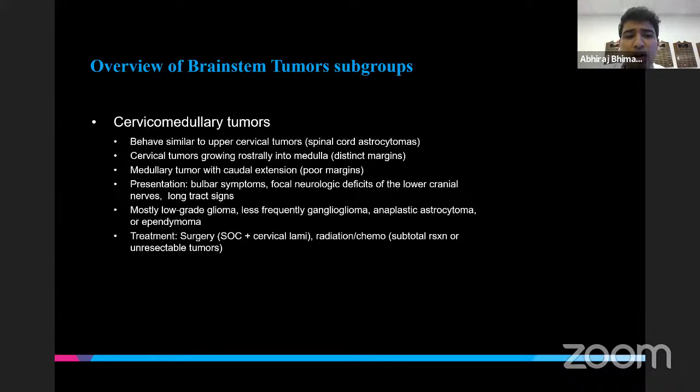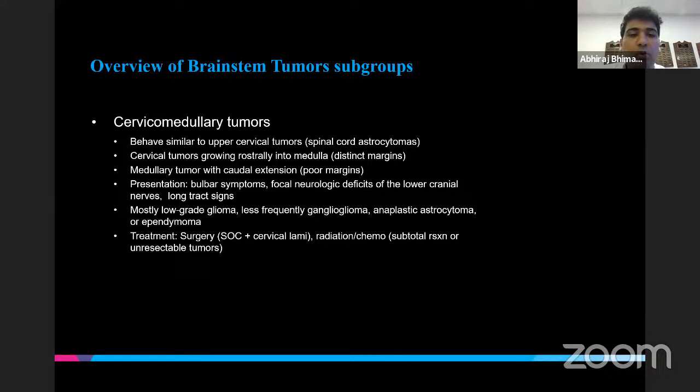Most of these tumors are low-grade gliomas. Less frequently, you could have ganglioglioma, and I feel like you can get the trend that ganglioglioma is not the most frequent in any of these locations, but it's always on the differential for any of these brainstem tumors, regardless of their location.